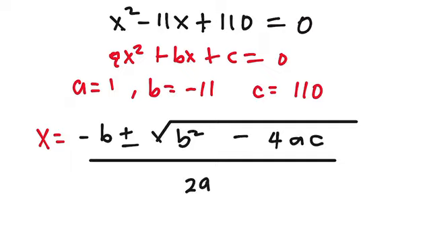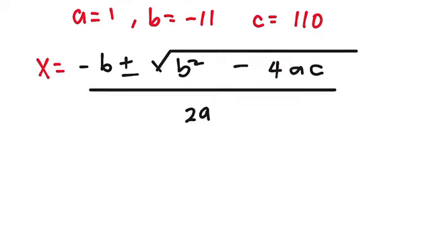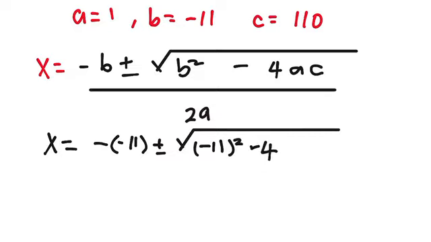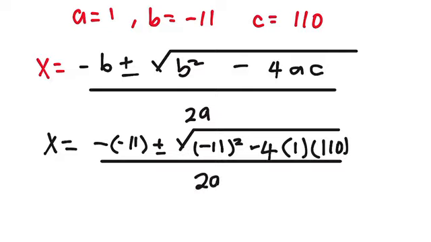So moving on, we're going to have x equals minus minus 11 plus or minus, we have the b squared is minus 11 squared, minus 4 times what is our a, 1, what is our c, we have 110, then all divided by 2a.